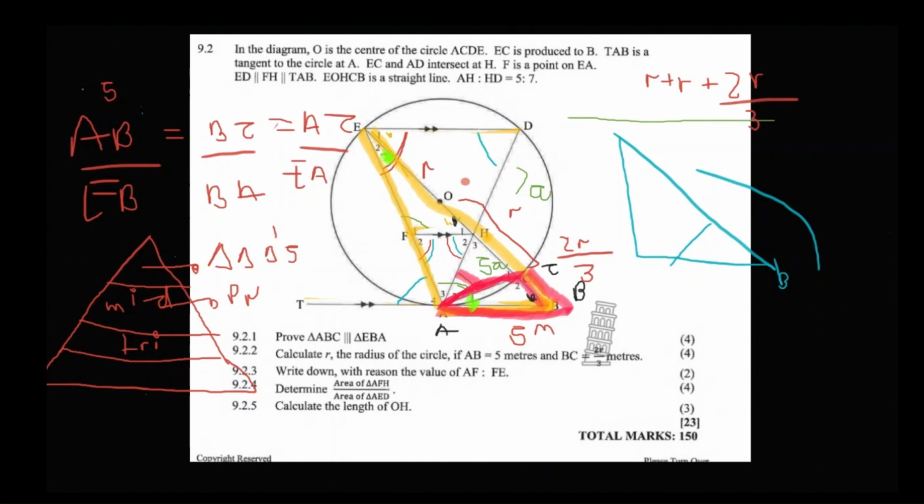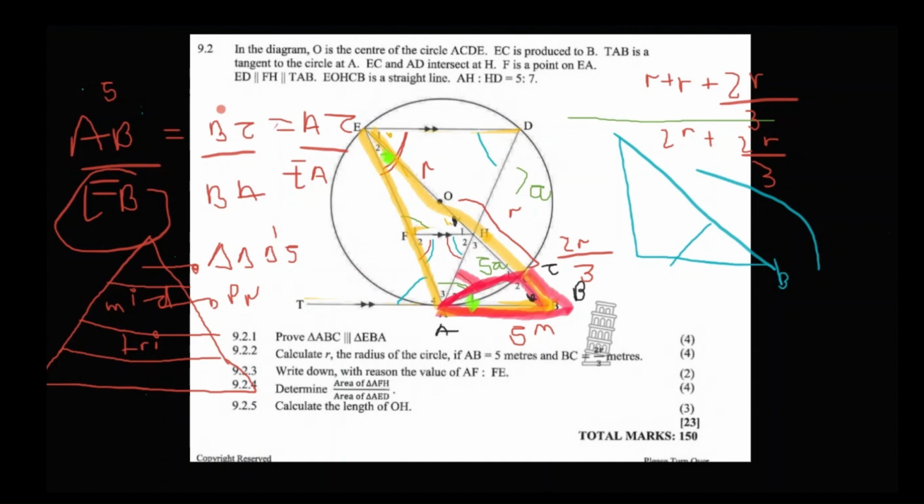Because OE is R, OC is R, and CB is 2R over 3. So just add it. EB is going to be 2R, because R plus R is 2R, plus 2R over 3. So we know that EB is going to equal 2R plus 2R over 3. So we have that information.